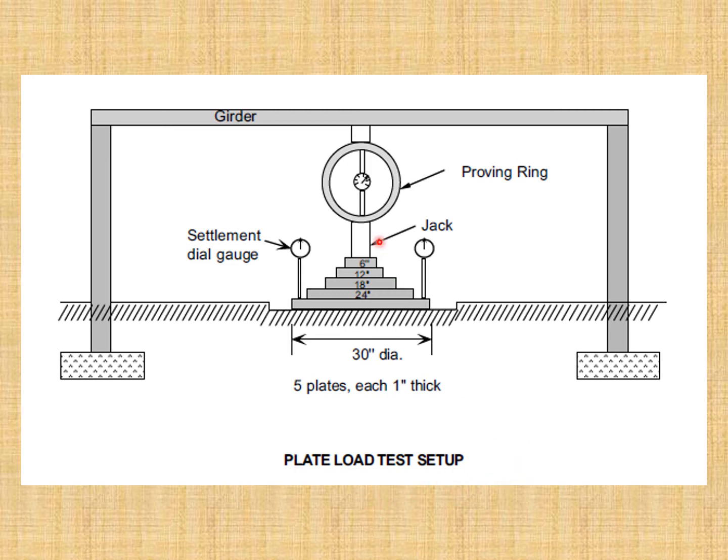In fact, you will have to maintain the pressure of 10 psi through this assembly, and under the influence of 10 psi, you determine the average settlement through these dial gauges.